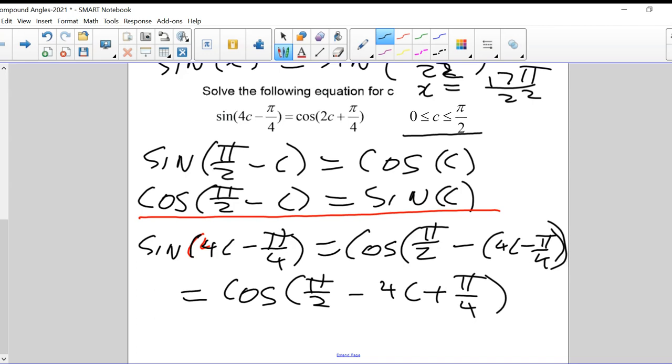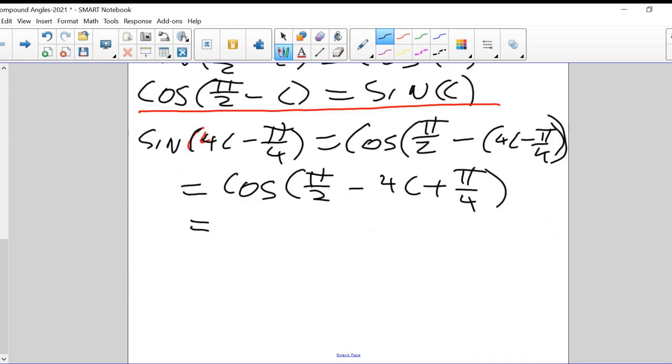I'm minusing both of these things, so I should be adding those two together. Putting like terms together, a half plus a quarter is 3/4, so 3/4 of pi, minus 4c. So the original sine of 4c minus pi over 4 is the same thing as the cosine of 3 pi over 4 minus 4c.